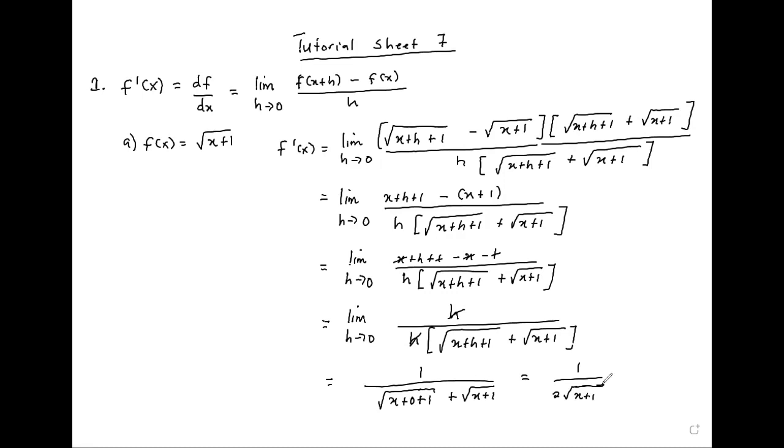Sir, I just want to ask where the h has gone. This h, sir, has been cancelled by the one that is down. Pardon? It has been cancelled by the one that was down here.